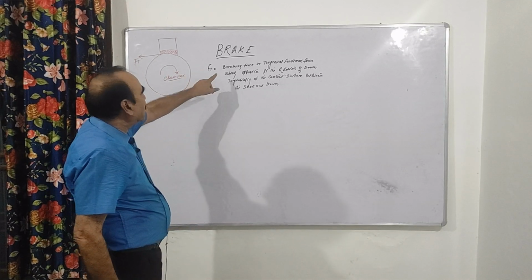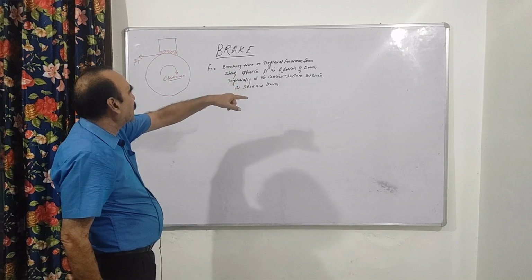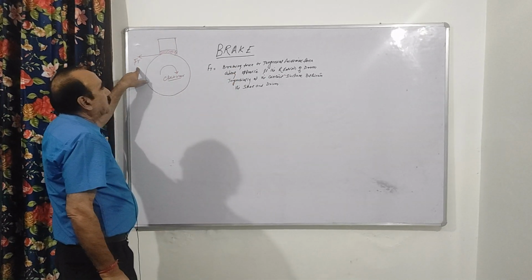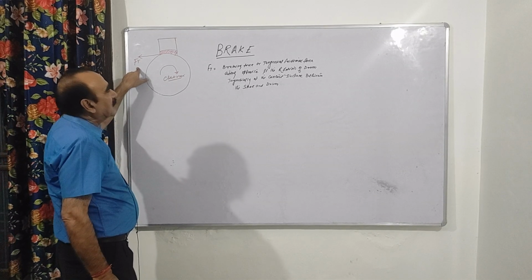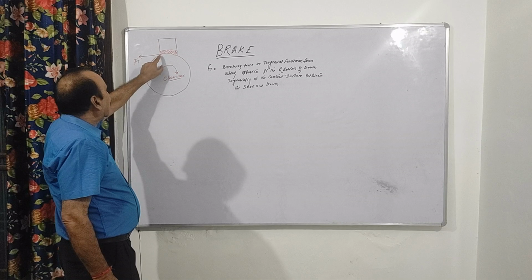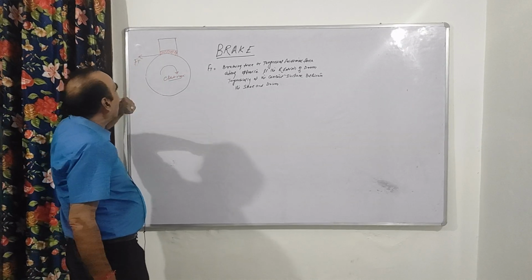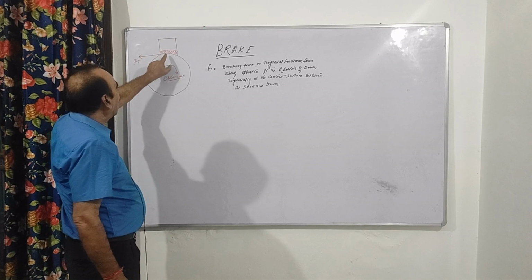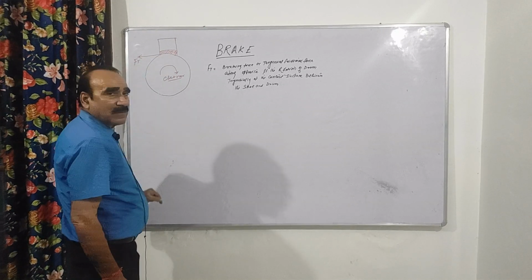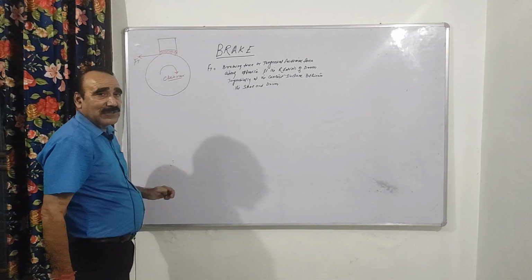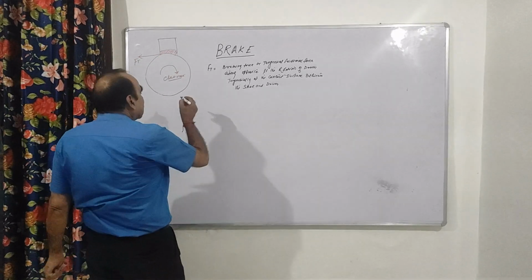So Ft is the braking force, the tangential friction force acting opposite to the rotation of the drum, and where does it act? It acts tangentially at the contact area of the shoe and the drum, on the drum in this direction, okay.